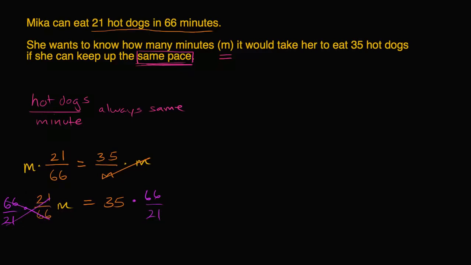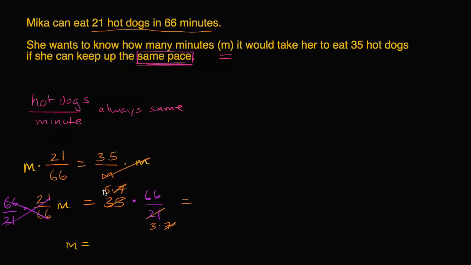So you're going to be left with m is equal to 35 times 66 divided by 21. Well, 35 is 5 times 7, and 21 is 3 times 7. So you're multiplying by 7 up here, and here you have a 7 in the denominator, you're dividing by 7, so they're going to cancel out.